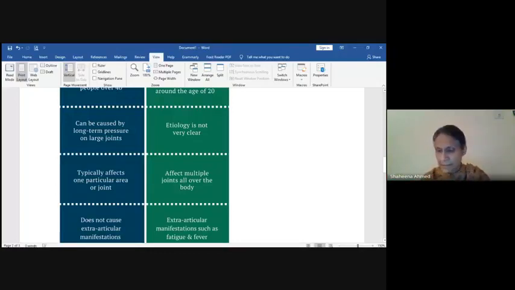Now, let's see regarding the joint symptoms. Where rheumatoid arthritis is concerned, the joints are going to be painful, swollen, and stiff. It's an inflammation, so just correlate with that.